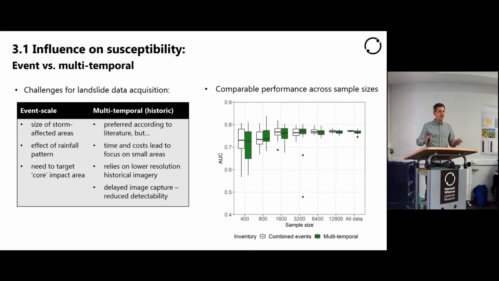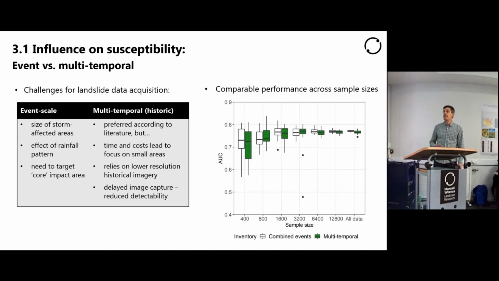None of this data is ideally fit for purpose, but you need to look at the trade-offs and consider what the implications are. What we found in a first study of its kind was when you compare model predictive performance using a metric here, AUC, which I won't go into detail about, but simply to say that one is a perfect classification result, the comparison between an inventory based on multi-temporal data versus a combination of event data, being recent event data that we mapped in the last few years, they produce very similar and non-statistically different results.